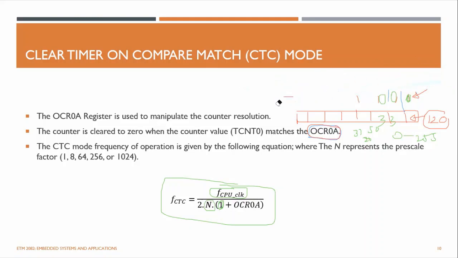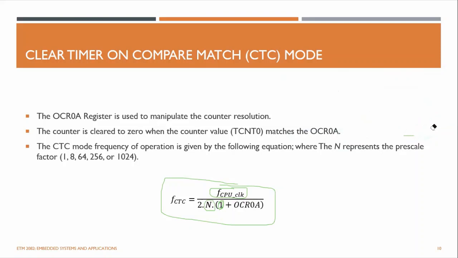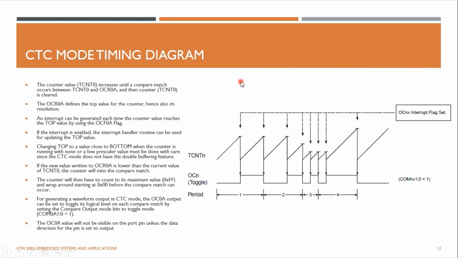I'll take a look at an example of how to use this capture compare, CTC mode. So this is the capture compare and how it works. Your TCNT, the timer, will be counting starting from 0.